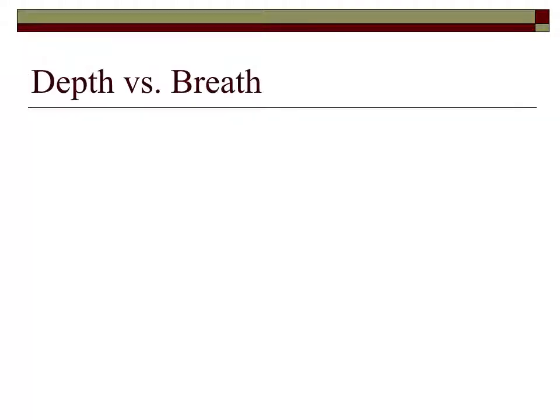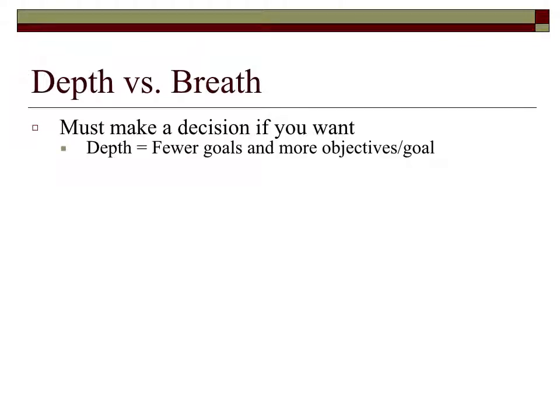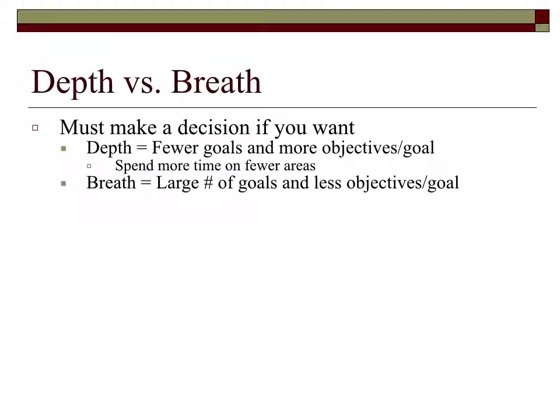So what this tells you is you have to make a decision about what you want. If you want depth in your curriculum, you're going to have fewer goals and more objectives per goal. You're going to spend more time on fewer areas. But if you want more breadth in your curriculum, you're going to have a large number of goals and fewer objectives per goal.